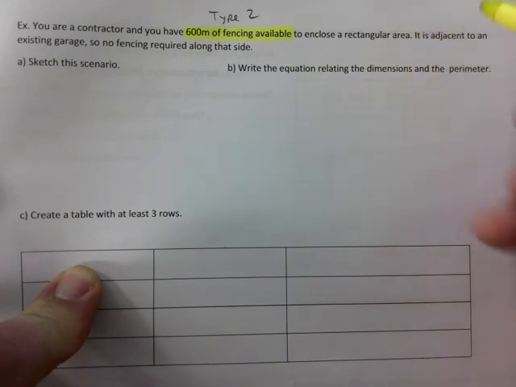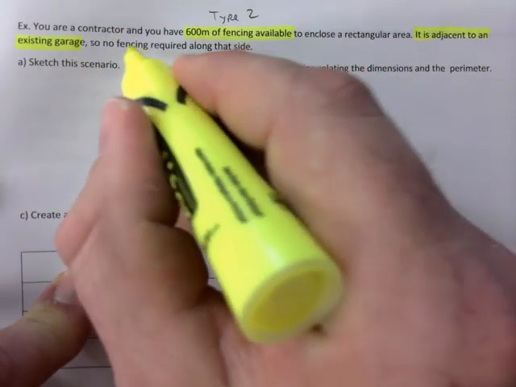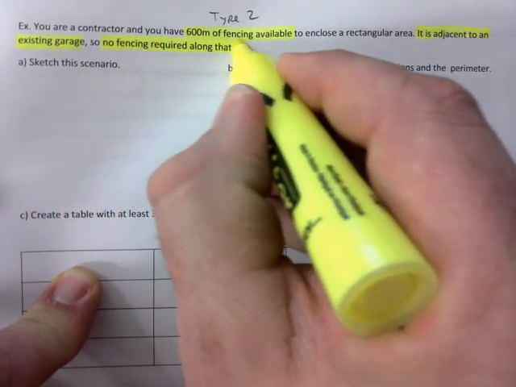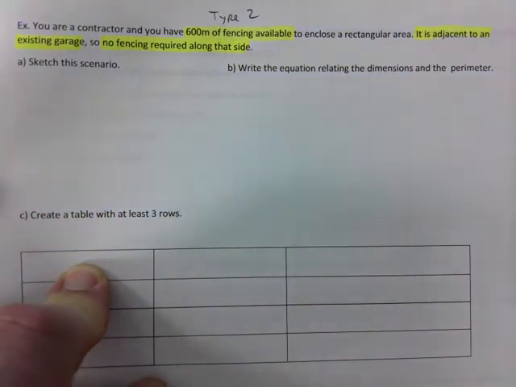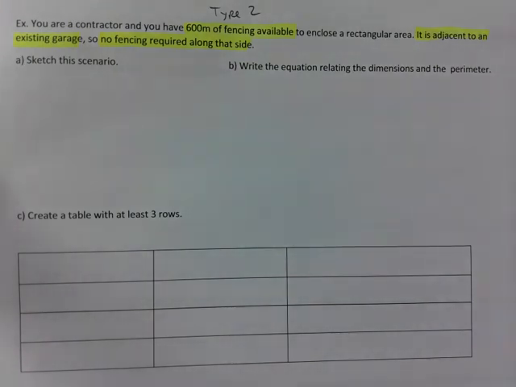It is adjacent. Adjacent means next to an existing garage, so no fencing required along the outside. And obviously the ultimate task is to find how you can maximize that enclosed area without having any fencing left over, using it all, and you want the biggest space fenced in.